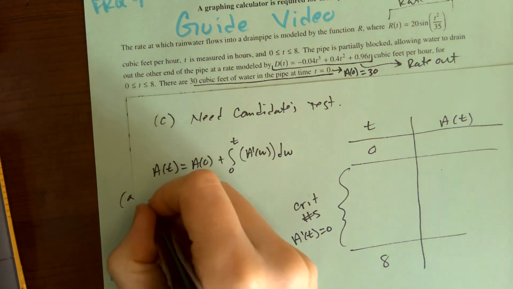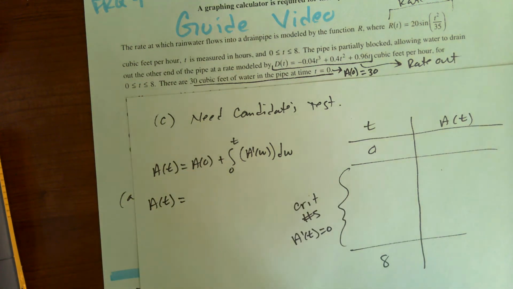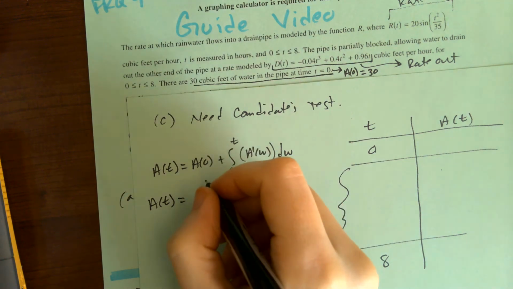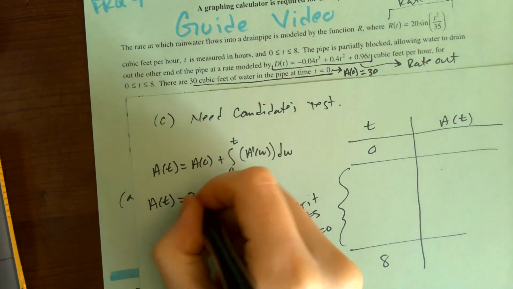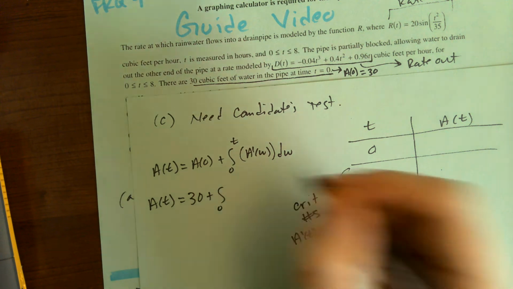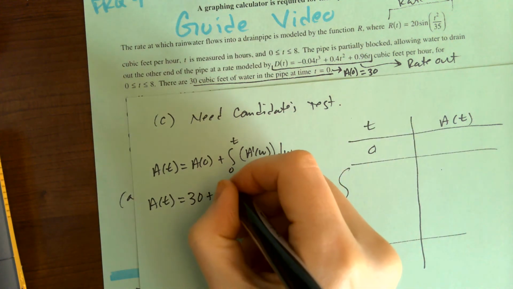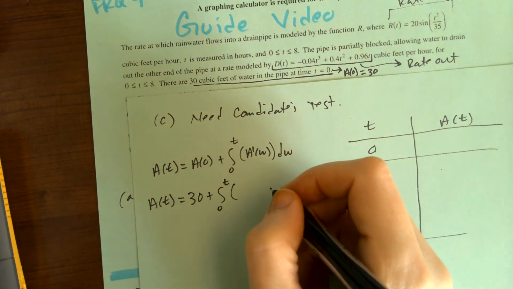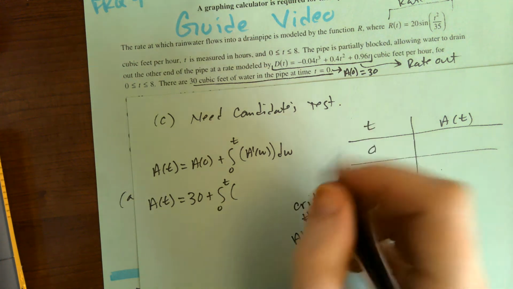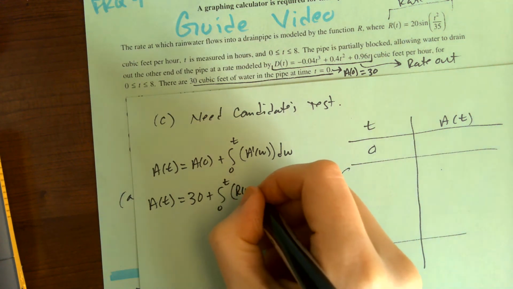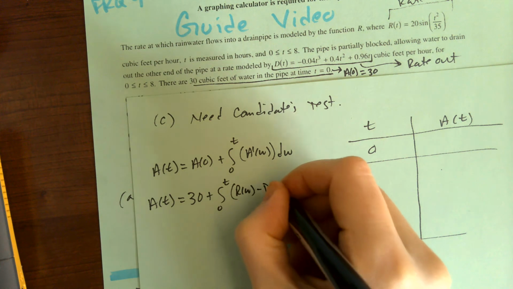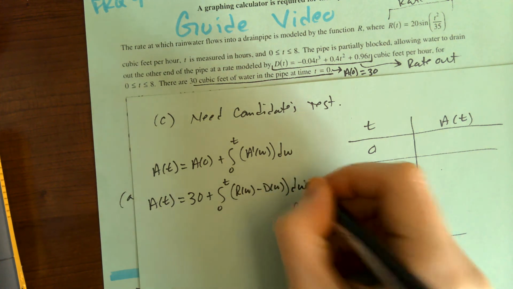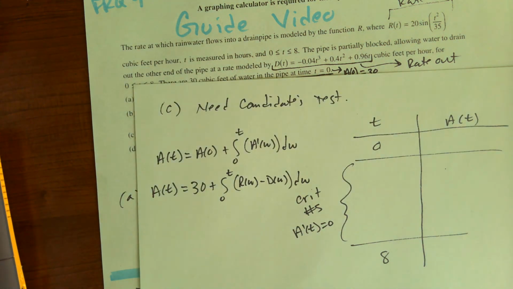So A of T is equal to A of 0, which is 30, plus the integral from 0 to T, and then A prime is R of W minus D of W. Okay.